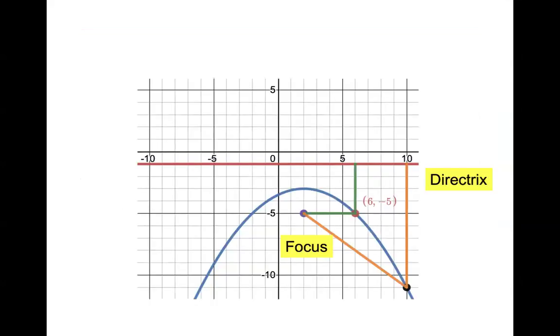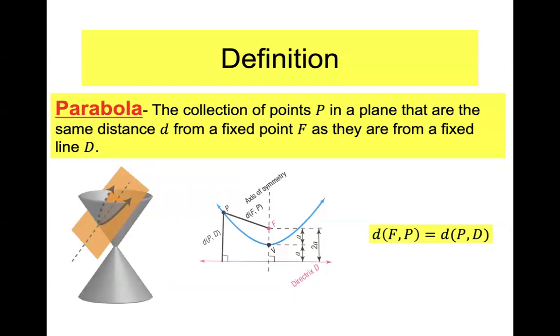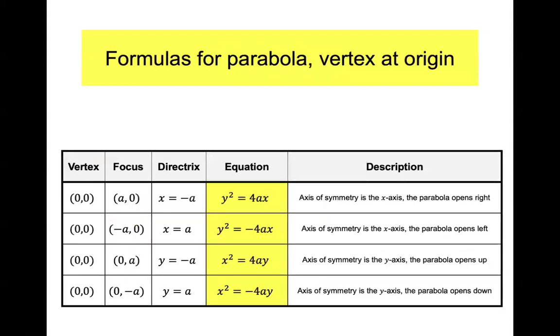So last class, we introduced the concept of the focus and the directrix. We had this formal definition right here that you wrote down that we said wasn't very useful. So we took that basic idea, we turned it using a proof into a usable formula. And there were four of them, depending upon whether it opens up, down, left, or right.